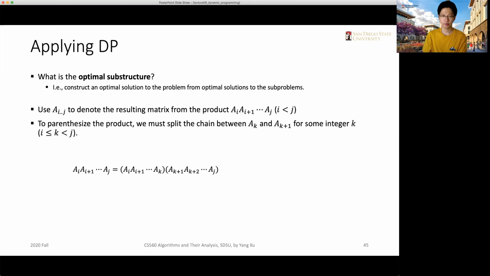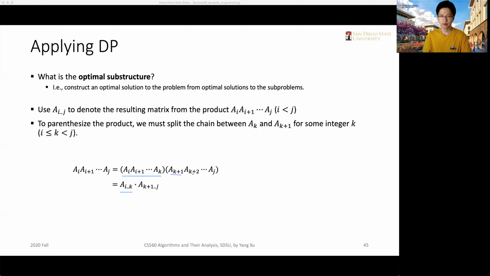Okay, so k is something between i and j. We must determine it. And we can rewrite the subproblems: from Ai to Ak, using the same notation, the subscripts from i to k, right?